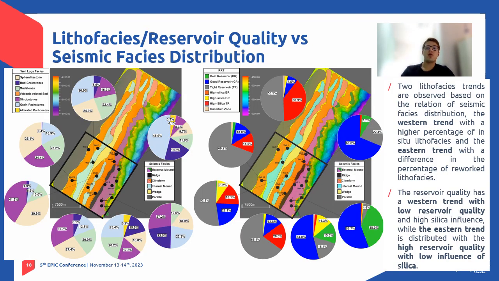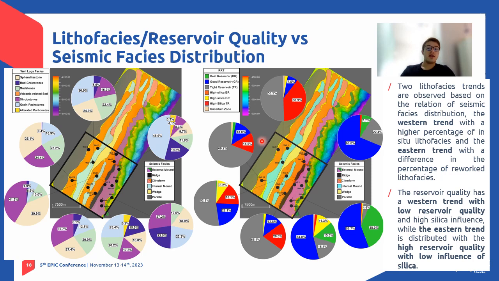Now, comparing with the well data, we observe that two lithofacies trends are observed based on the relation of the seismic facies distribution. The western trend is characterized by a higher percentage of in situ lithofacies, such as floatstone, boundstone, and the eastern trend is characterized by a difference in the percentage of reworked facies in a mix with in situ facies.